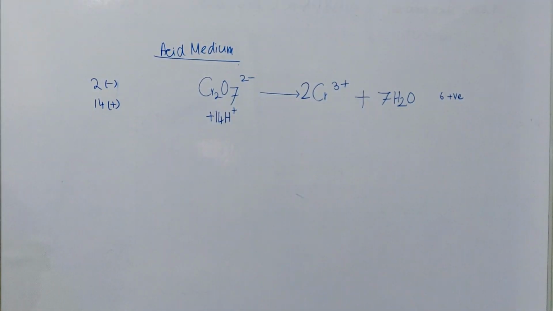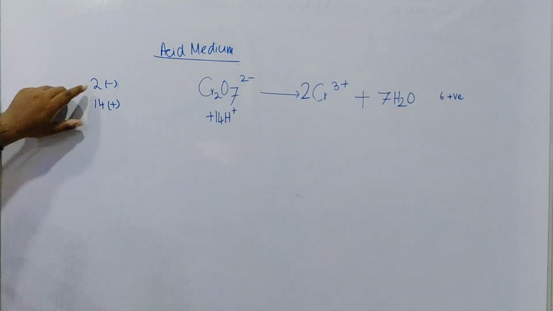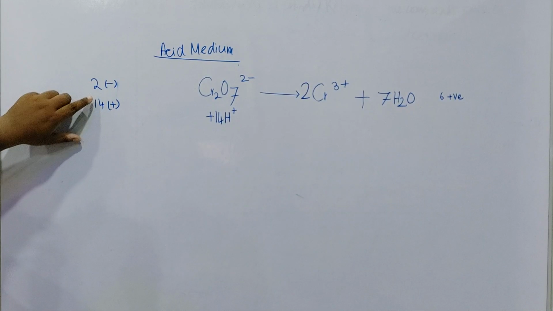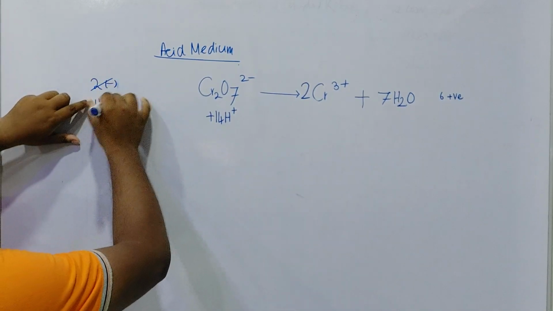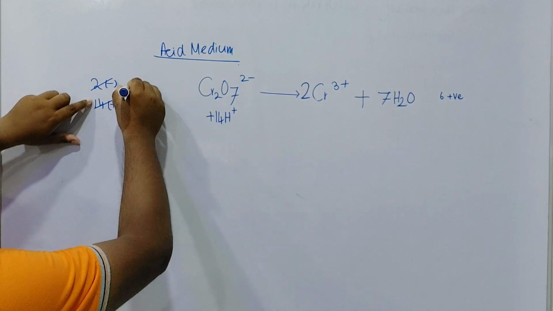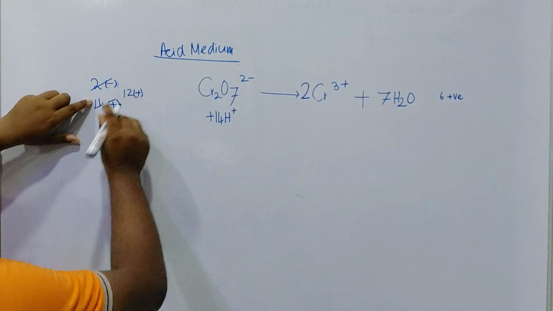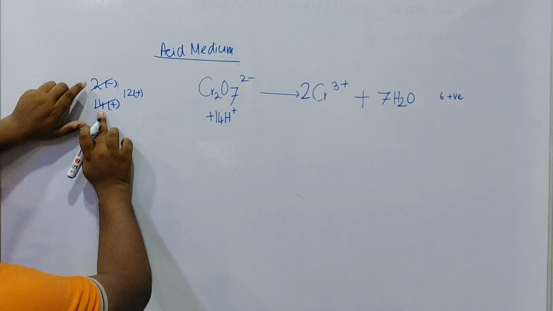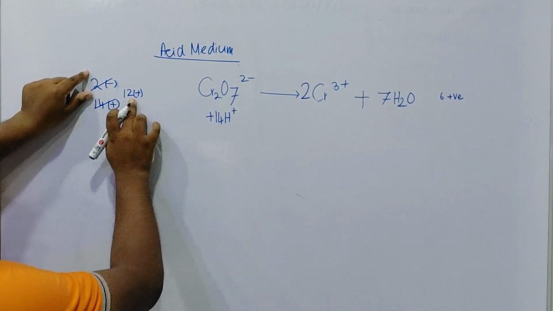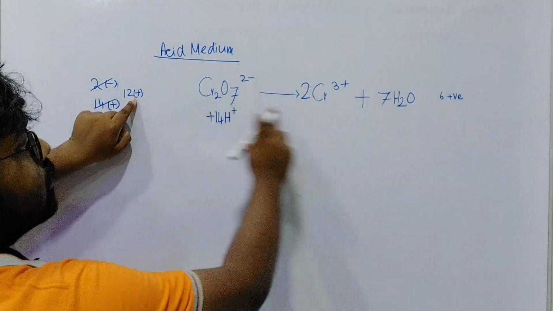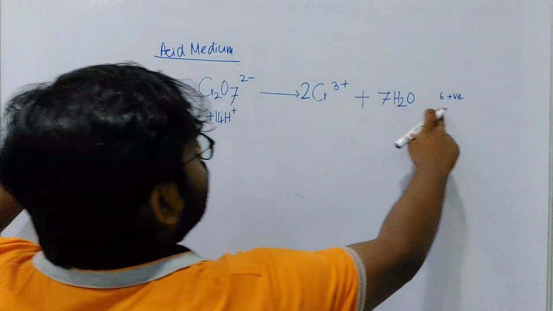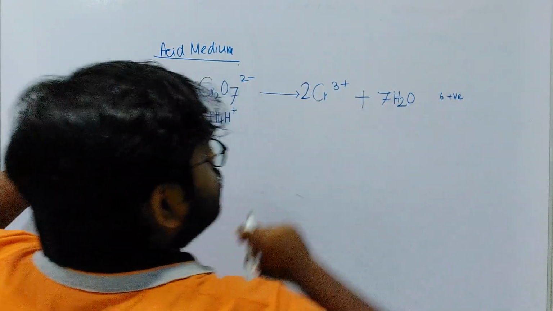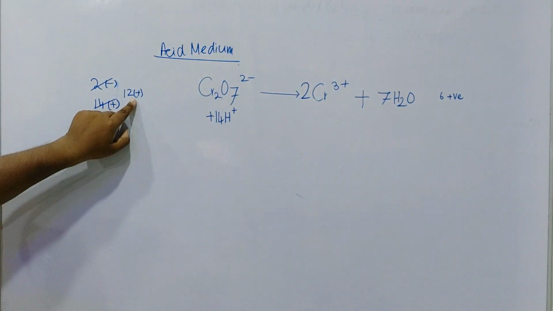All right, so on the left hand side, 2 negative charge will cancel out 2 positive charge. So the remaining number of positive charge will be 12 positive. On the right hand side, there are 6 positive charge. Now 12 positive charge, how can it be converted into 6 positive charge?